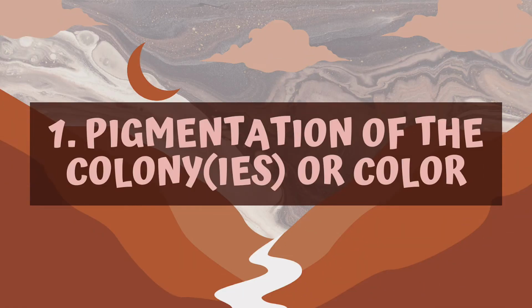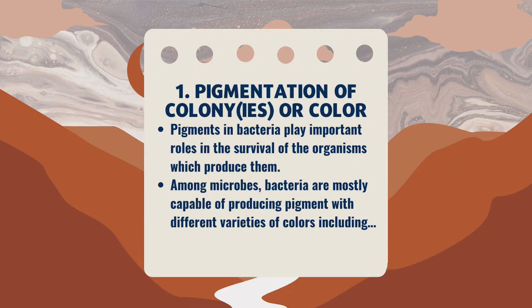First characteristic we have is pigmentation or color of bacterial colonies. Pigments in bacteria play important roles in the survival of the organisms which produce them.